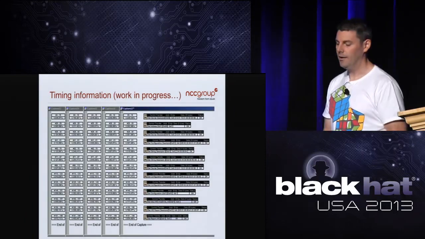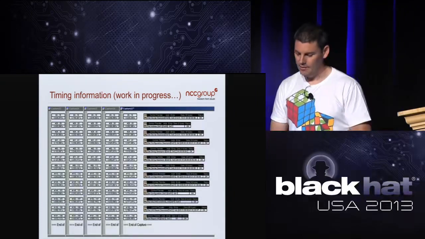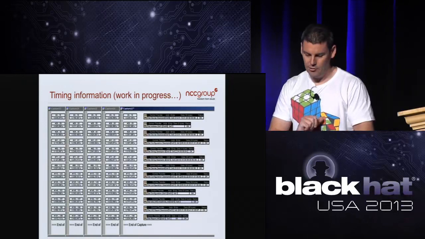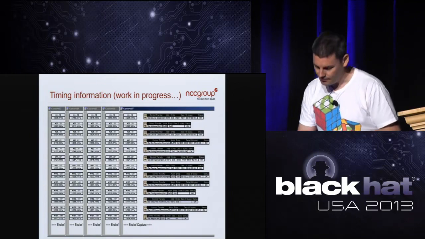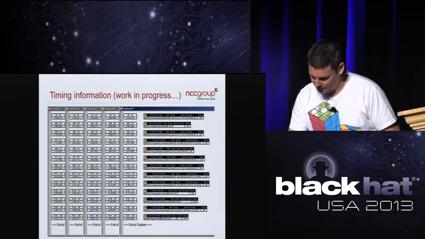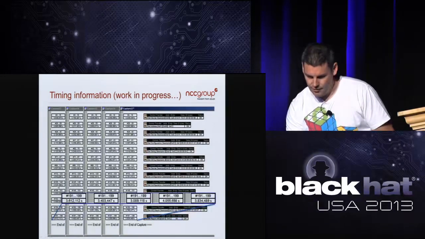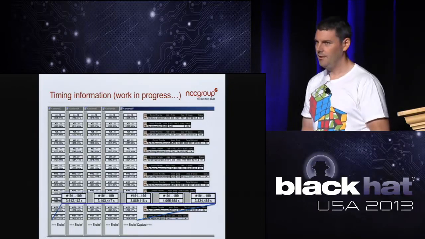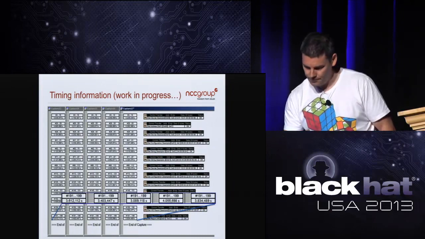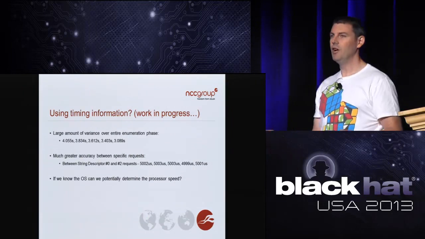Now, I mentioned about timing and the fact that you can time interactions on the USB stack down to the microsecond using that Packet Master test equipment. So this is something, again, that I'm still working on. A lot of this is still work in progress. You can see I've done 5 different captures of the enumeration phase associated with a specific device. So there's a huge amount of variance over the entire enumeration phase.